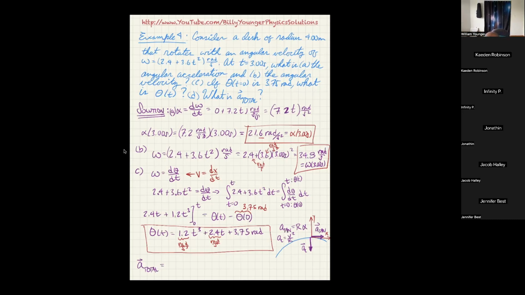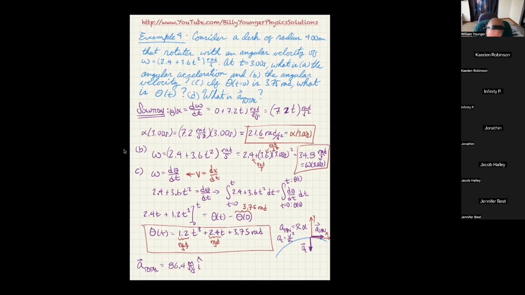So I'm going to say 21.6 times 4.00 meters gives me 86.4. And that's meters per second every second in the I hat direction.